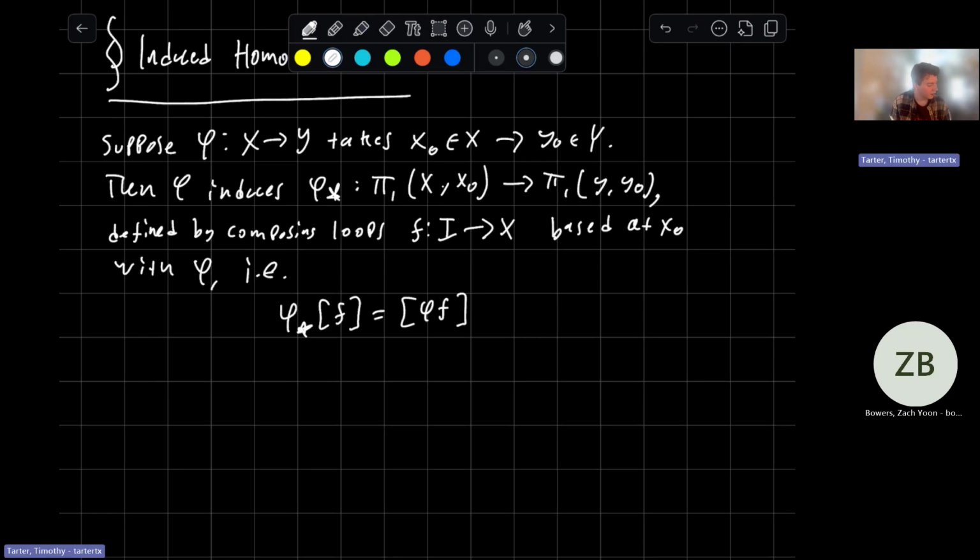This map is well defined since a homotopy of loops yields a composed homotopy of loops.